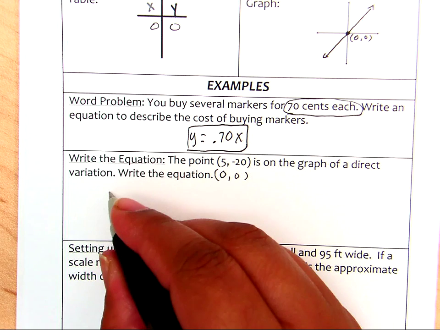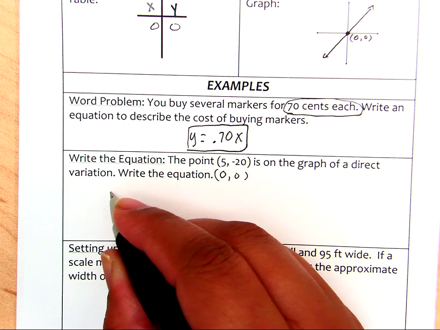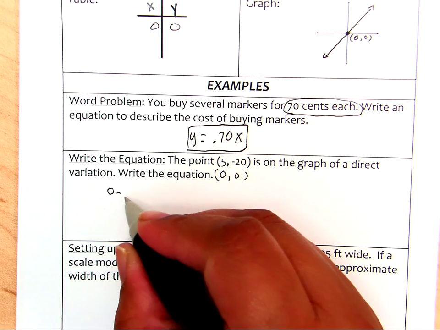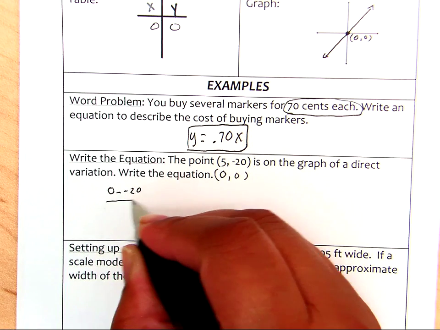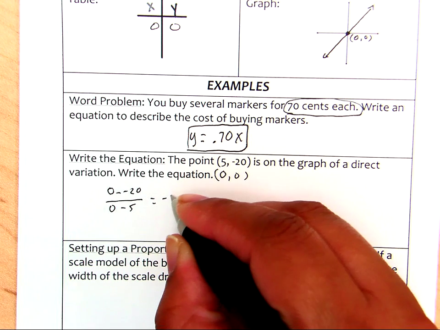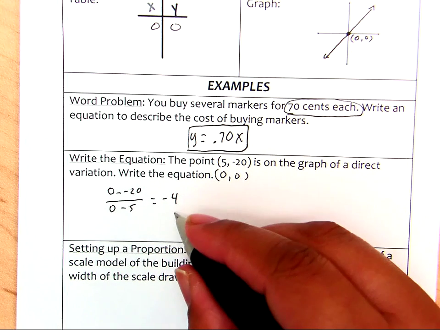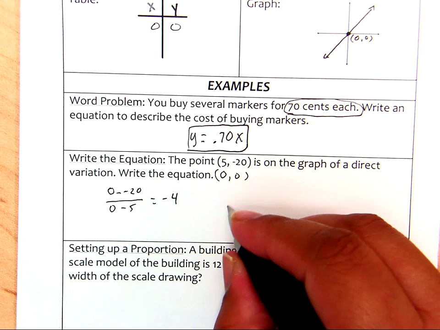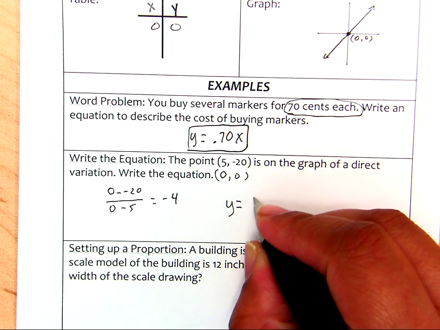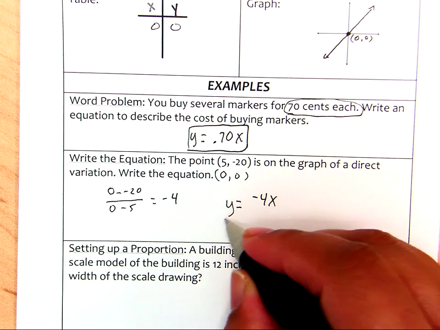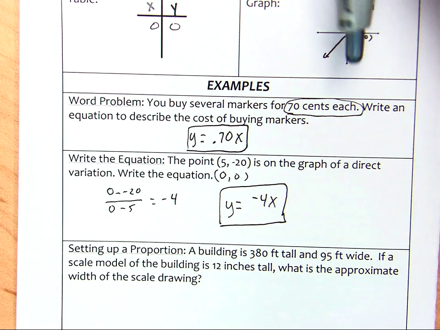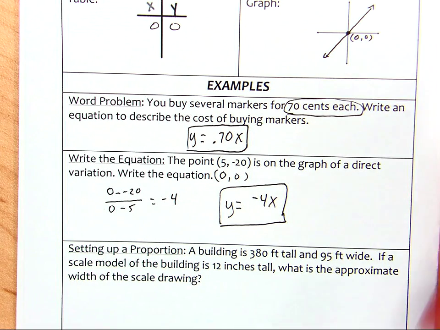So if we do our slope equation, we would take 0 minus negative 20 over 0 minus 5, and that would come out to be negative 4. So that's our constant of variation. So our equation is y equals negative 4x. And there's our answer. Again, there's no y-intercept, or our y-intercept is actually 0.